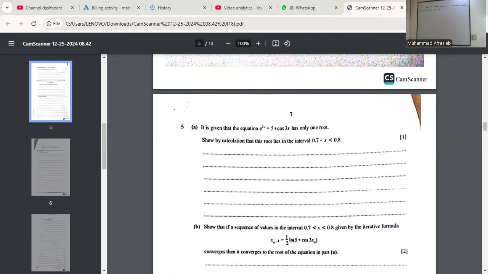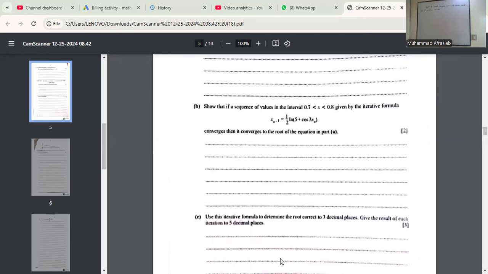Second part, show that if the sequence of values in the interval from 0.7 to 0.8 given by the iterative formula x(n+1) is equal to half ln of (5 plus cos of 3xn) converges, then it converges to the root of the equation in part A. And third part, use this iterative formula to determine the root to 3 decimal places, given that the result of each iteration is to 5 decimal places.